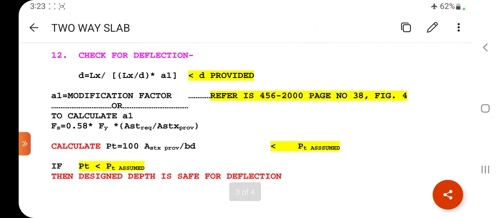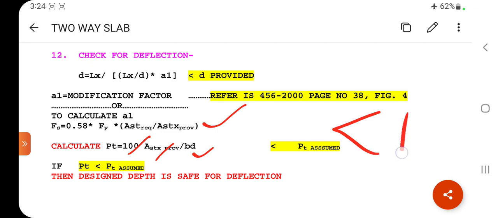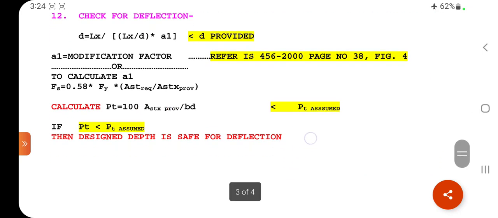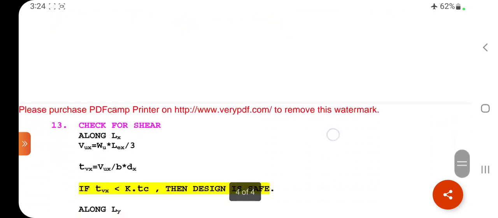From here we have to calculate fs. Fs equals 0.58 into fy into Ast required divided by Ast provided. Then pt, the percentage of steel, equals 100 into Astx provided divided by bd, and it should be less than pt assumed. If my pt is less than pt assumed, then my design is safe in deflection.